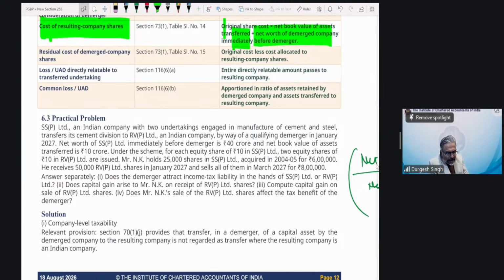SS Private Limited, an Indian company with two undertakings, engaged in manufacture of cement and steel, transfers its cement division to RV Private Limited, an Indian company, by way of a qualifying demerger in January 2027. Let's read this together and then I'll ask you some questions.